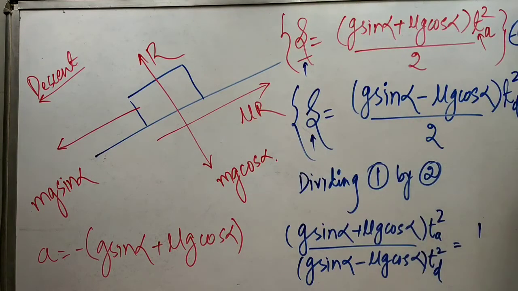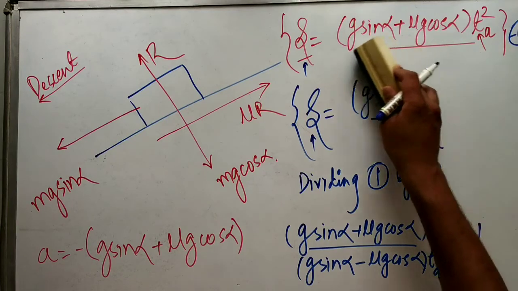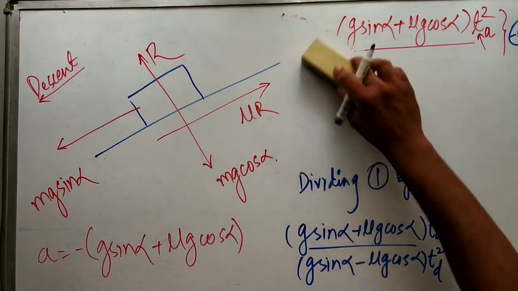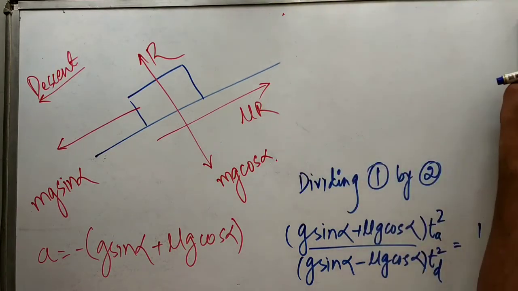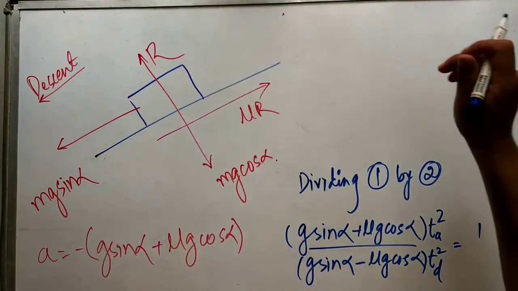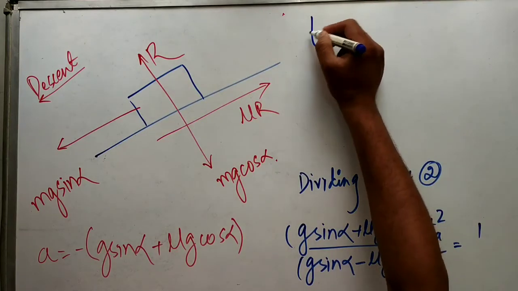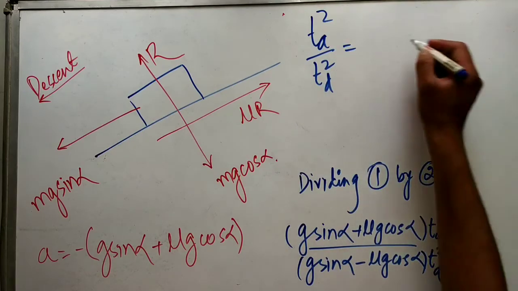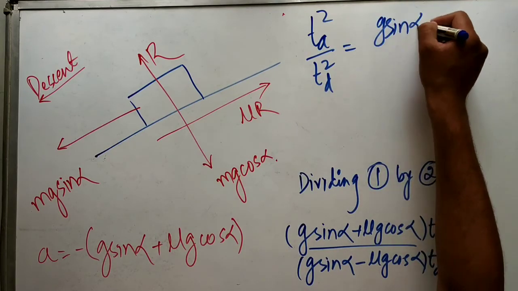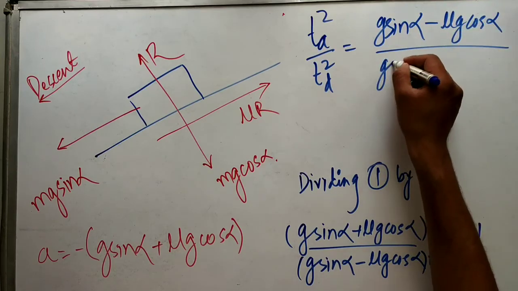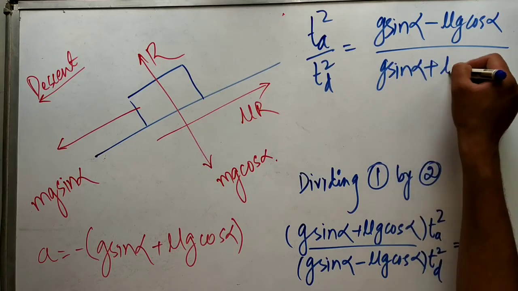Please note this down. This is the time of descent, this is the time of ascent. Taking this up, we'll get ta square divided by td square equal to (g sine alpha minus mu g cos alpha) divided by (g sine alpha plus mu g cos alpha).